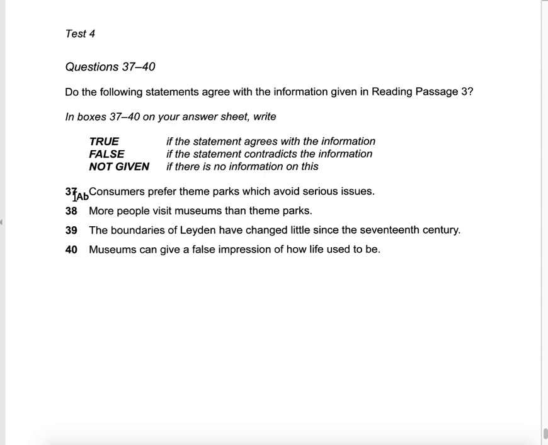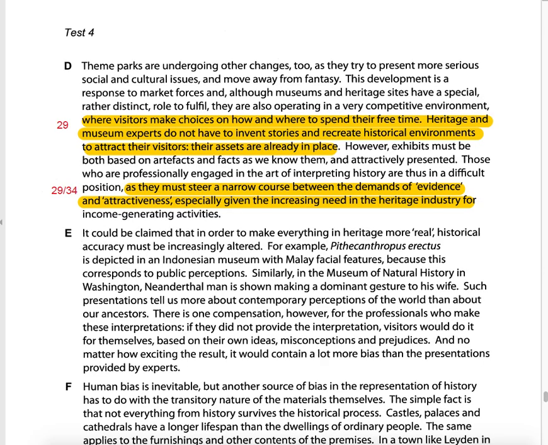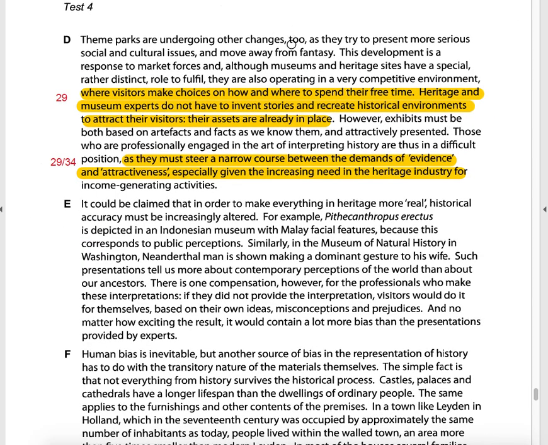It says here, as they try to present more serious social and cultural issues and move away from fantasy. And then this development is a response to market forces.